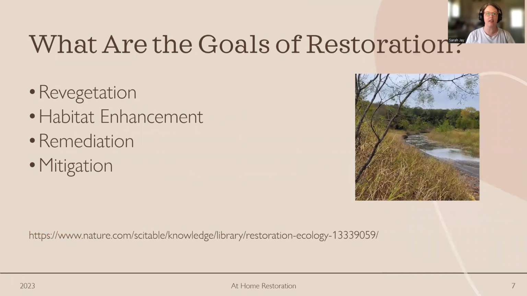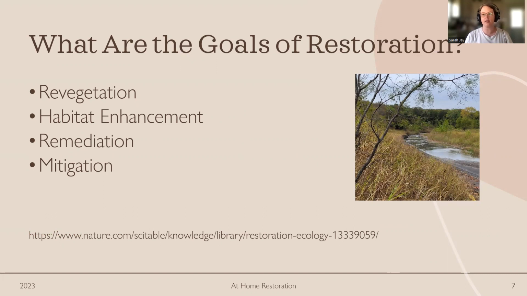Restoration, as a concept, we're looking at four factors. First, revegetation of an existing ecosystem that may have been devegetated for some reason, could be overgrazing, agriculture, or land development.